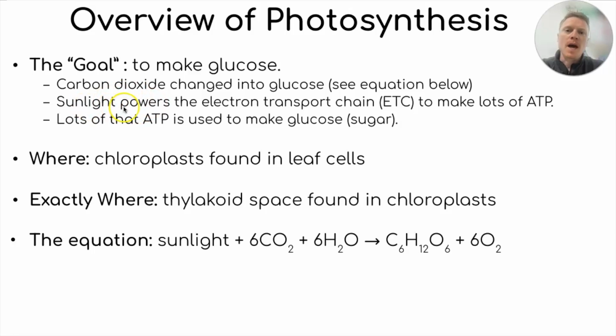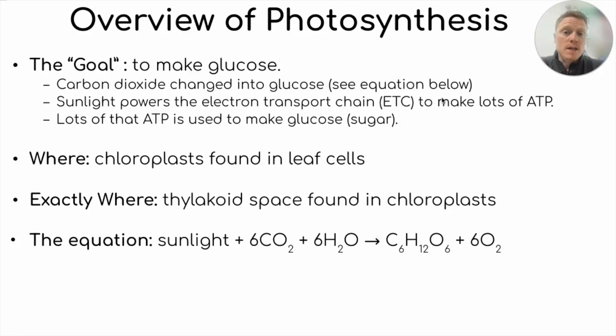So sunlight is what powers the electron transport chain in photosynthesis to make ATP. In cellular respiration, it was the electron donors, NADH and FADH2, that were powering the electron transport chain. However, in photosynthesis, sunlight is powering the electron transport chain.